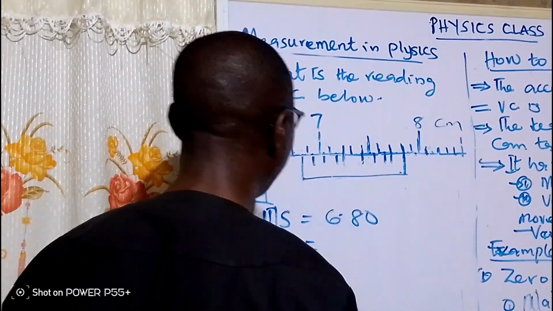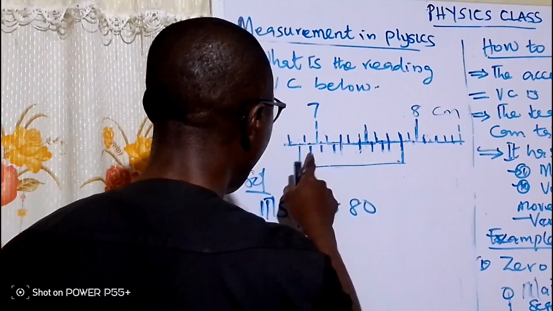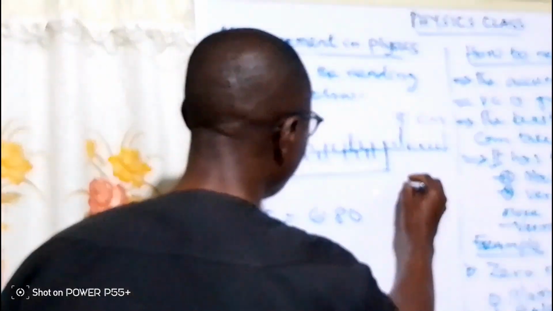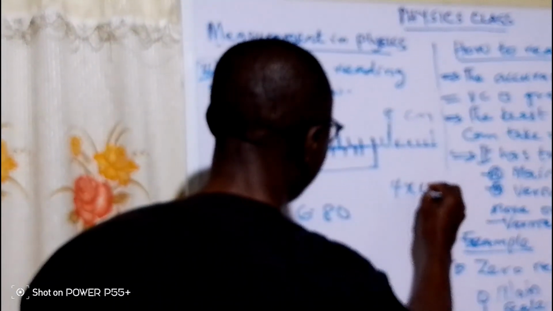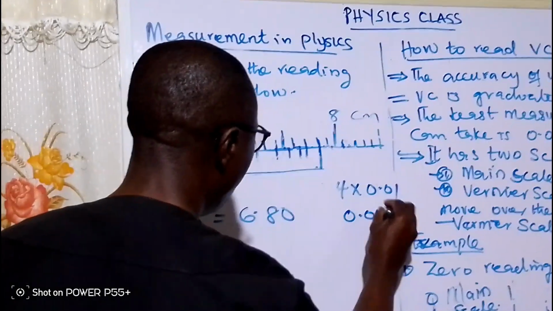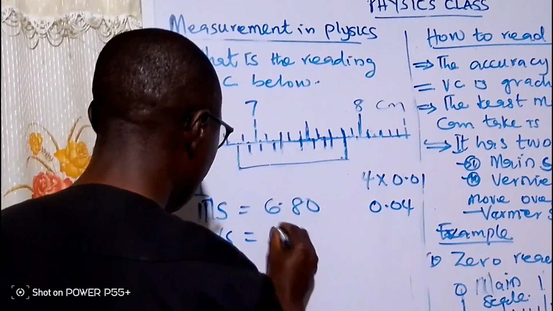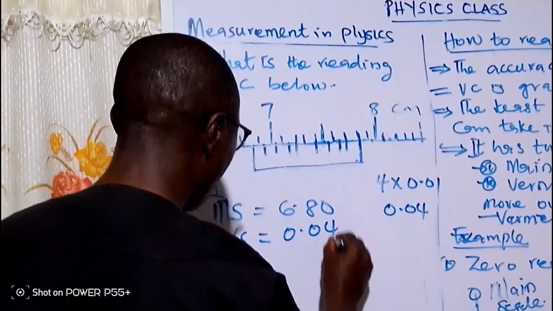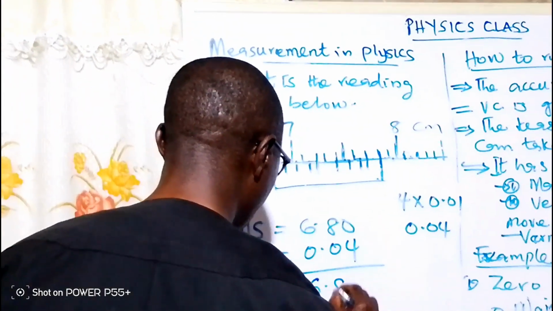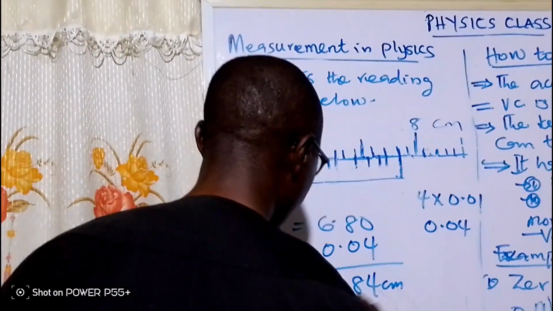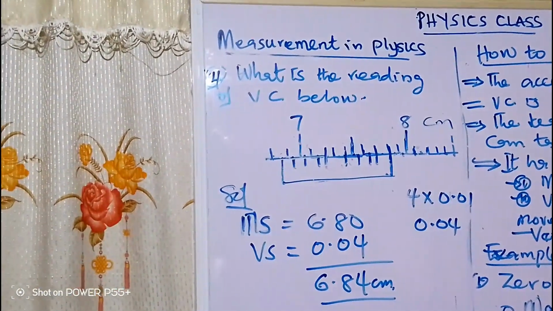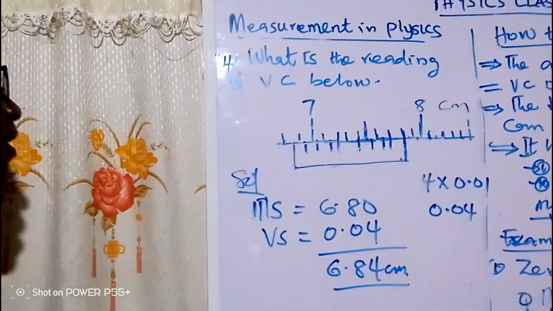That is 1, 2, 3, 4. That will be 4 multiplied by 0.01, which gives 0.04. Add it to the main scale, and our reading will be 6.84 centimeter.